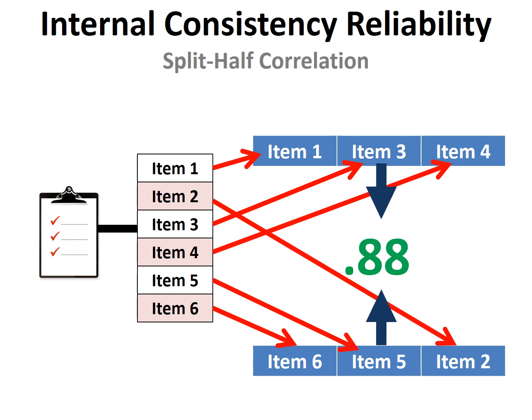And the numbers are between -1 and 1. In this case, having a split half correlation coefficient of 0.88 would tell you that how well the respondents did on one half of the items correlated very strongly with how well they did on the other half of the items.